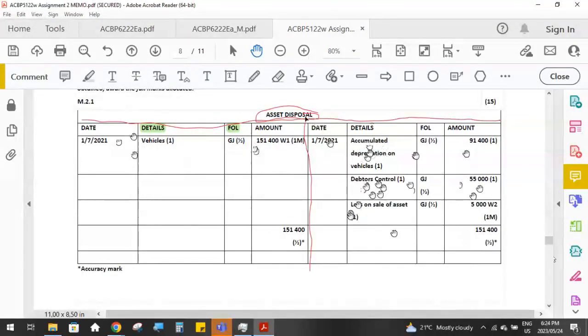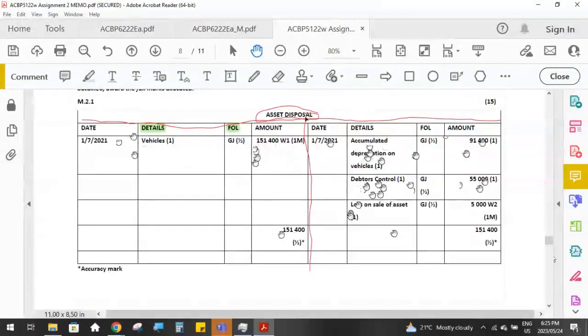Then we have to balance the asset disposal account. So we add up on the left-hand side, we've got 151,400. And if we add 91,400 and 55,000, we've got 146,400. Both sides have to add up to the same amount.